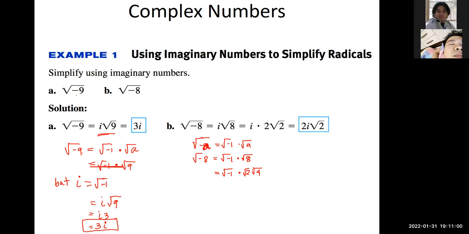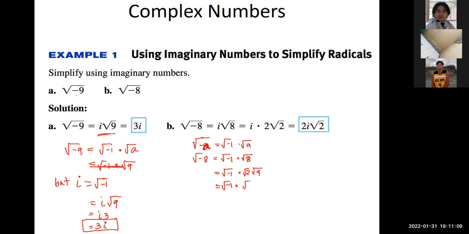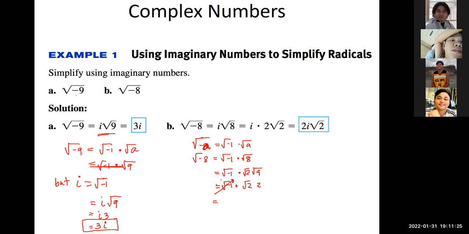Tama? Di ba? So that will now be the square root of negative 1 multiplied by the square root of 2. And what is now the square root of 4? 2. So we write now, the square root of negative 1 from our identities is equal to I, multiplied by, let's have the 2 there.